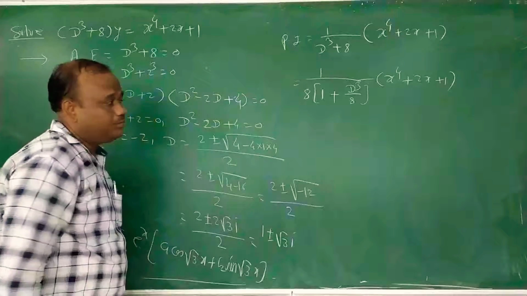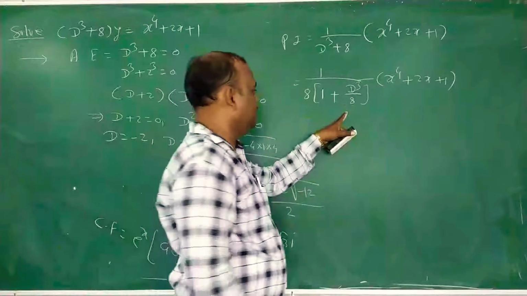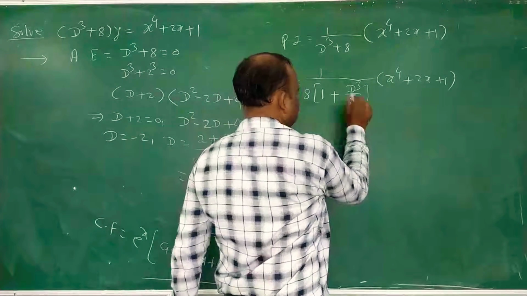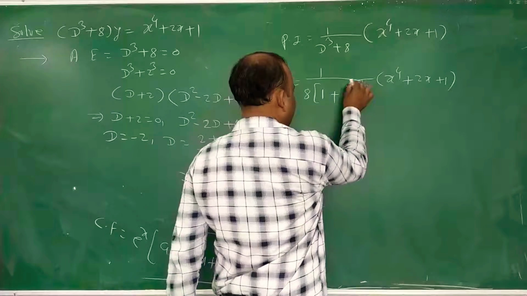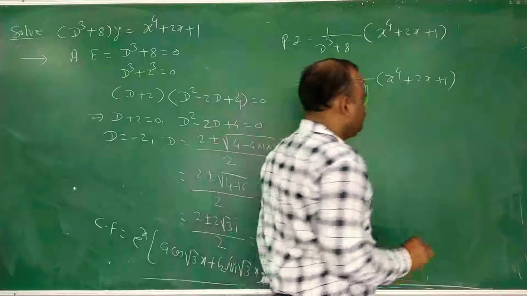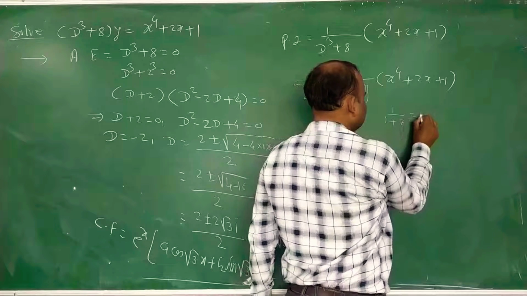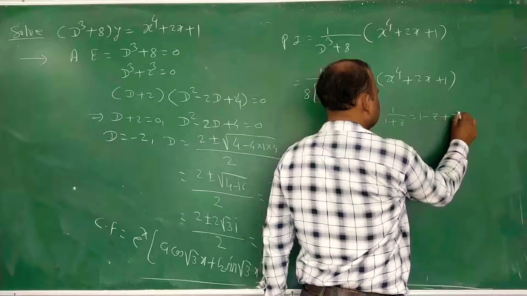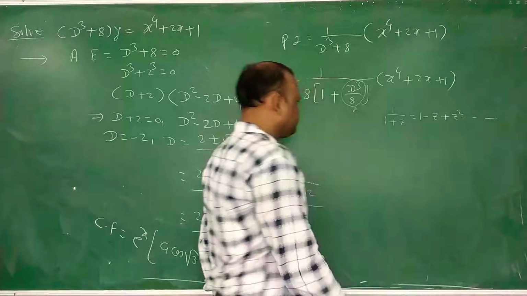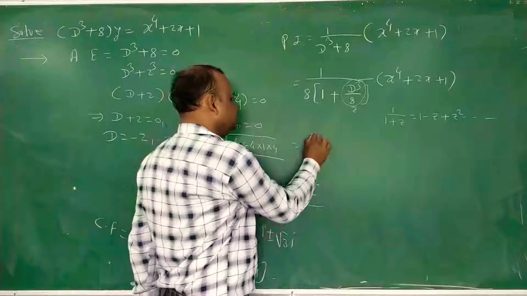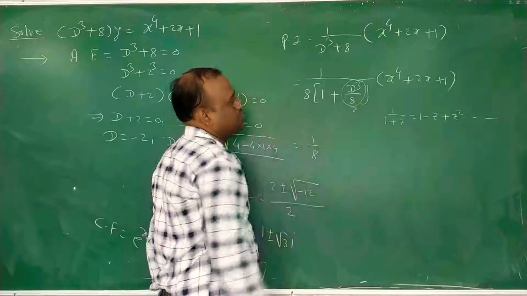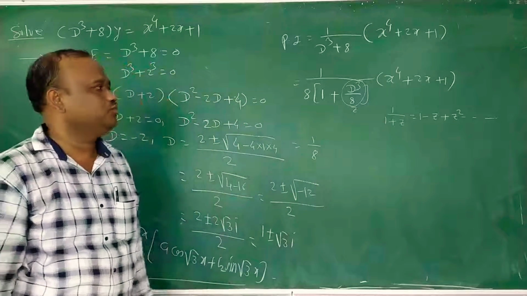So this is 1 upon 1 plus D cube by 8, that is say z. This D cube by 8 is z. And we have to use the formula here, expansion of 1 upon 1 plus z, that is 1 minus z plus z square minus and so on. So expand this 1 upon 1 plus D cube by 8 up to D raised to 4 only.